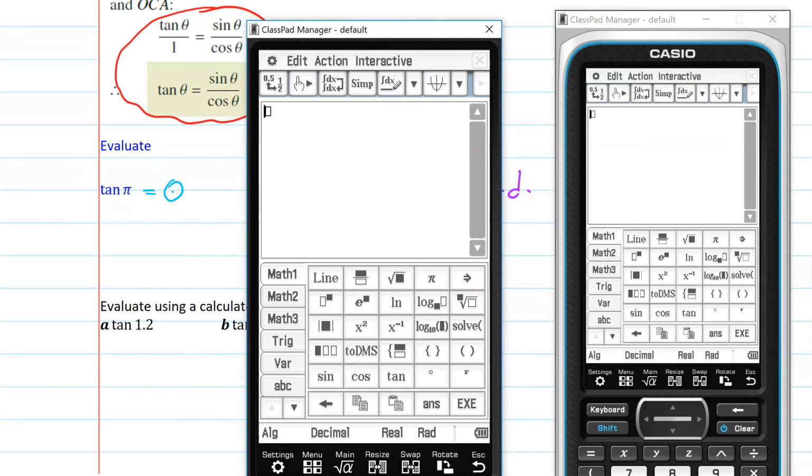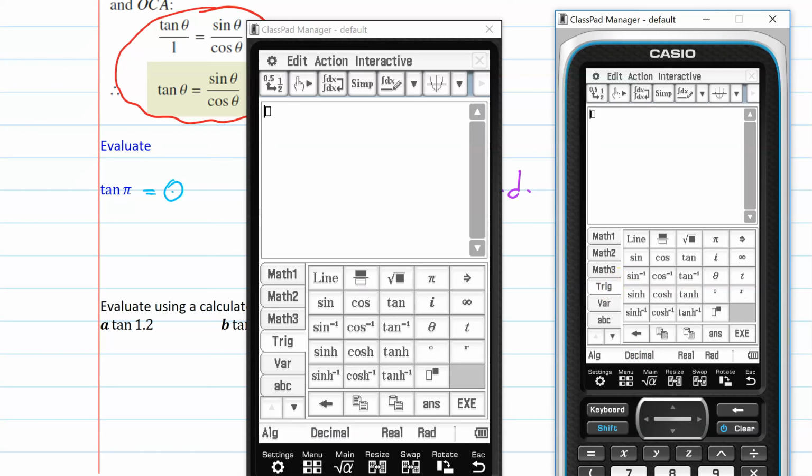Okay, first one, tan 1.2. Make sure your settings are in radians, and let's make it real. For this one, you can put either standard or decimal. Keep it decimal for the time being. Now I'm going to go to trigs. That's where the trigs are.